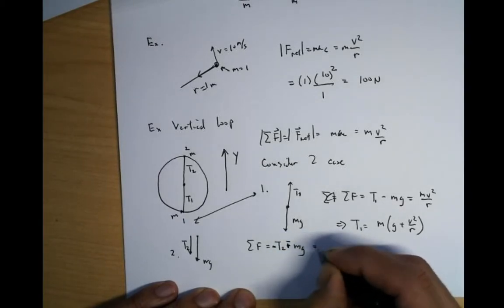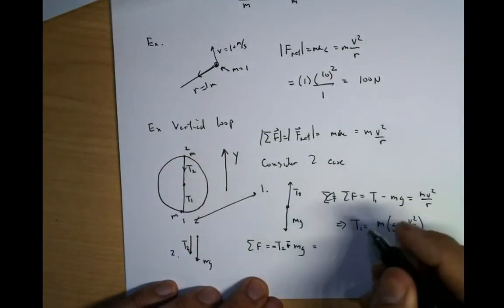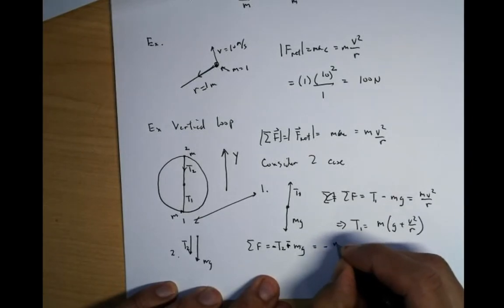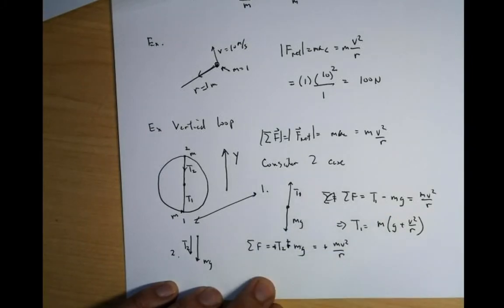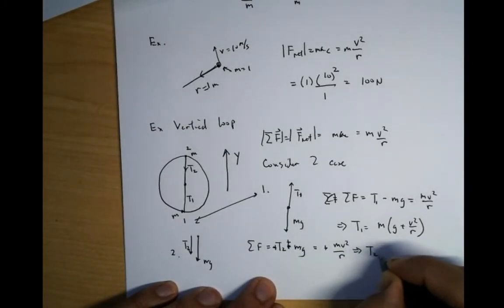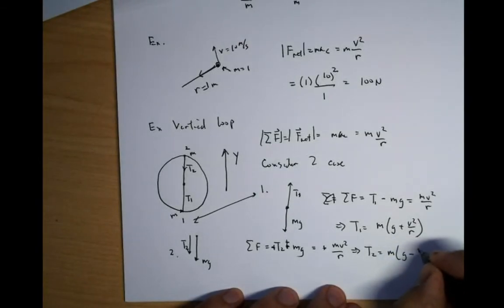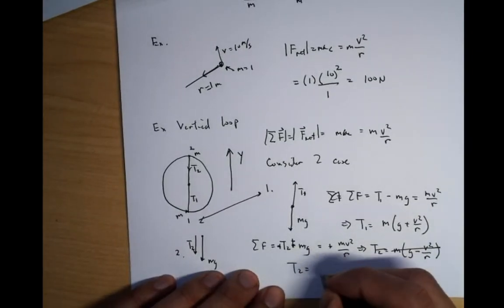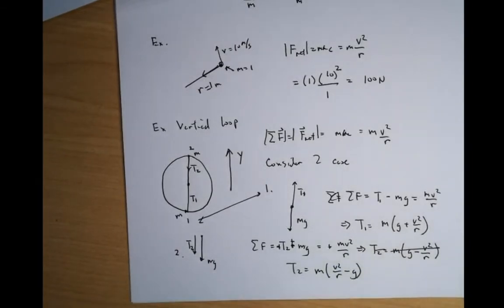And that better be equal to the centripetal acceleration, which is pointing downward now, minus mv squared over r. We're going to turn everything to plus signs now. And then you have T2 is equal to m(v squared over r minus g).